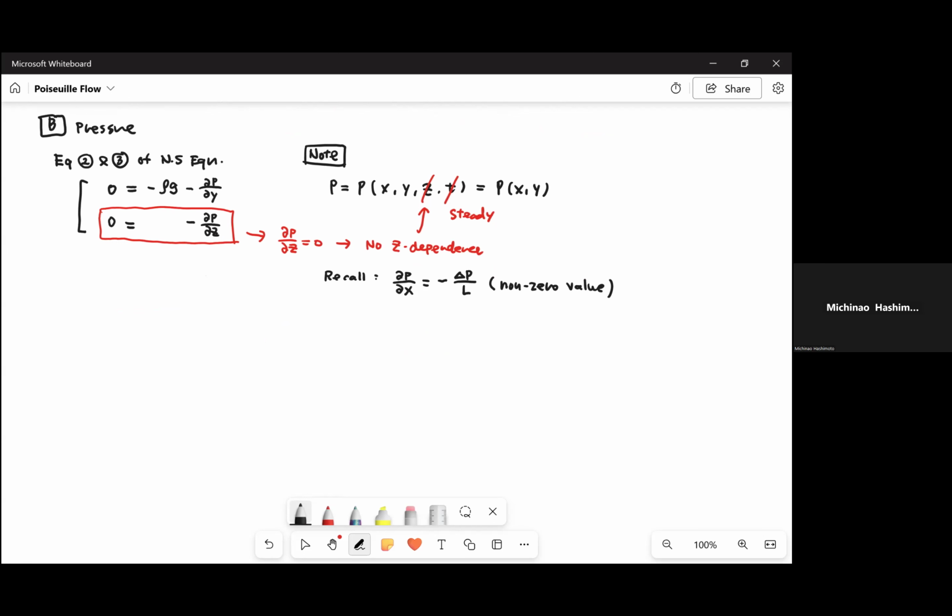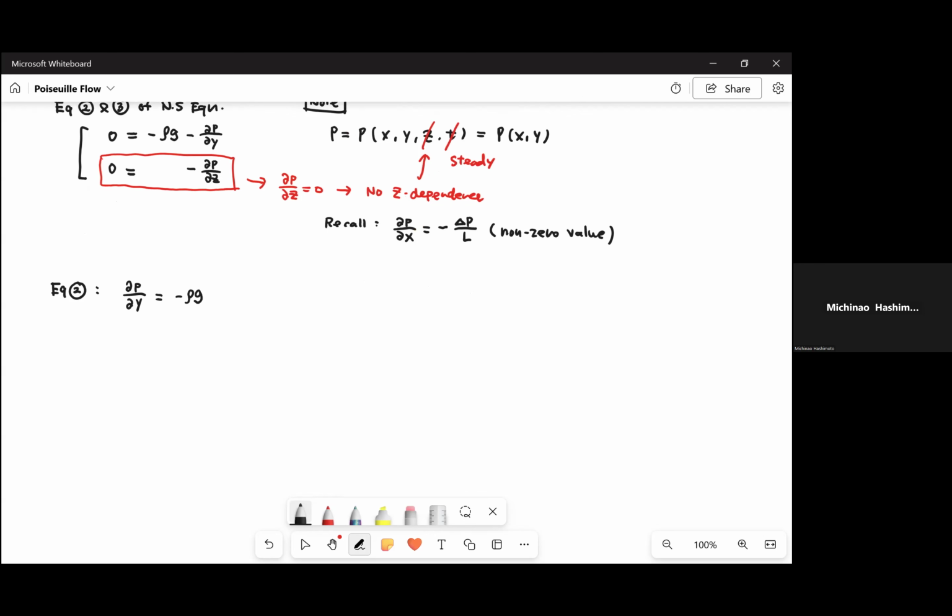The Navier-Stokes equation part 2 gives you dp dy equals to minus rho g. You can write it with a gamma, but in fact, dp dy is not an ODE, so we just need some extra thinking here.